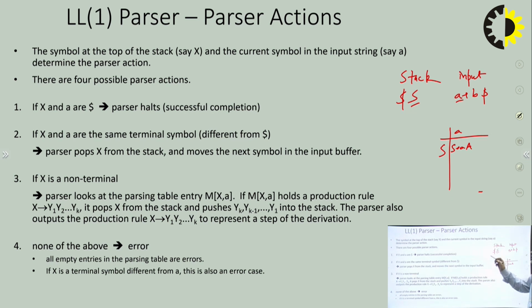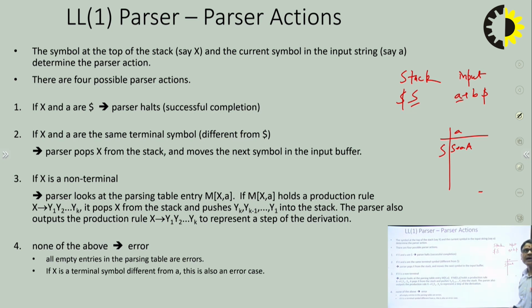The symbol at the top of the stack and the current input symbol, say a, determine the parsing action. I have already told you, we have derived this table before, so we will refer to the corresponding entry and act accordingly. There are four possible parser actions.